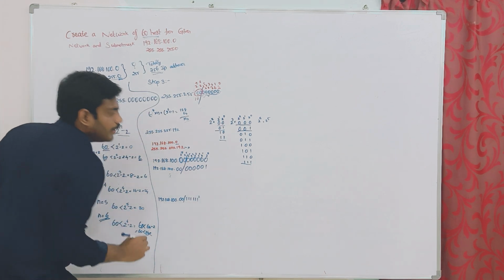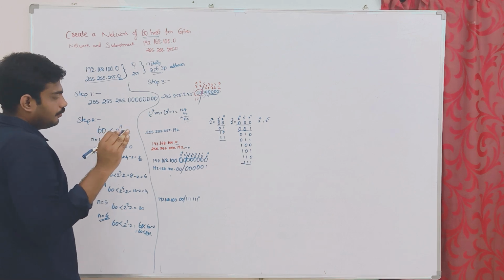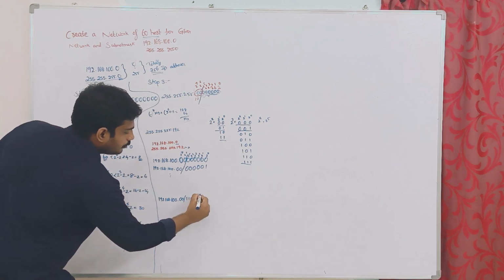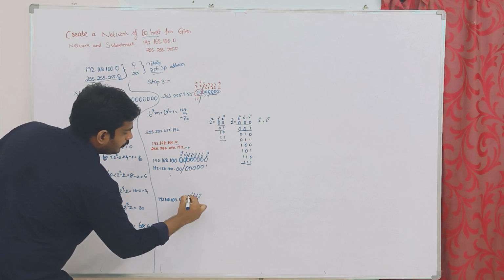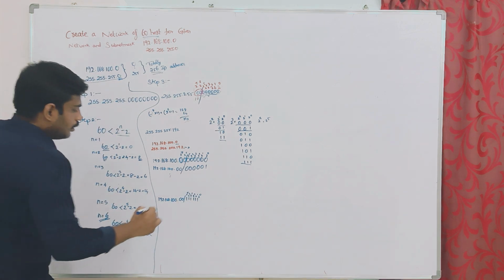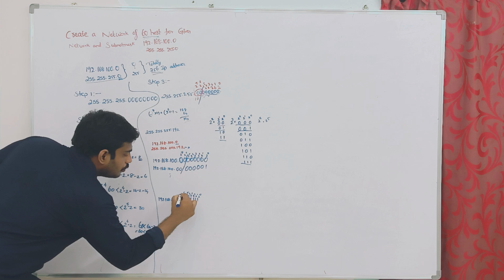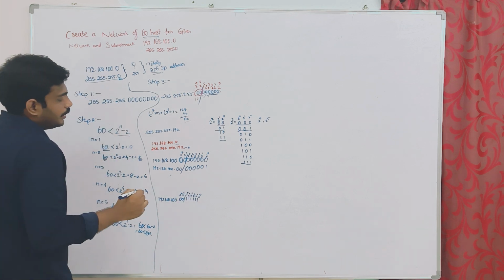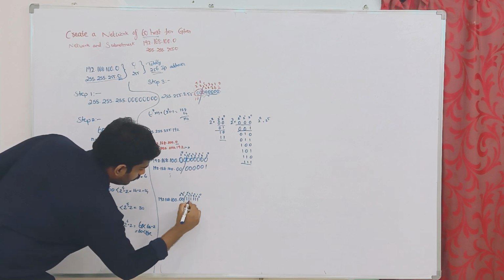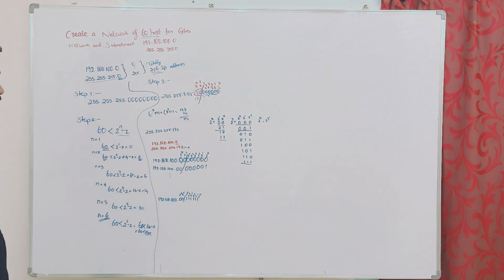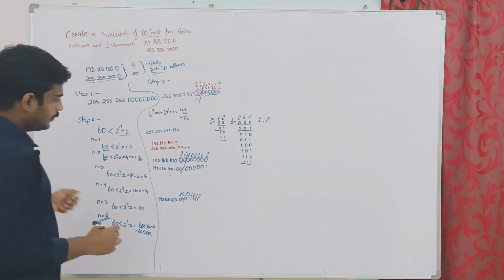Whenever you face any confusion, you just multiply these values with 2 powers: 2 power 0, 2 power 1, 2 power 2, 2 power 3, 2 power 4, 2 power 5, 2 power 6, 2 power 7. So finally you will end up with 63 for this IP. Okay, 63.